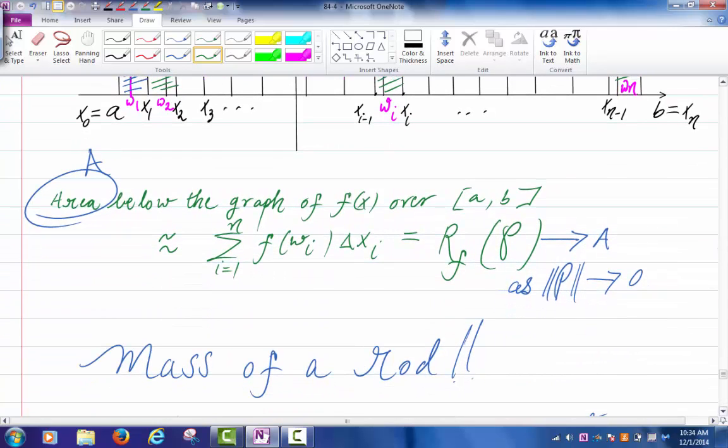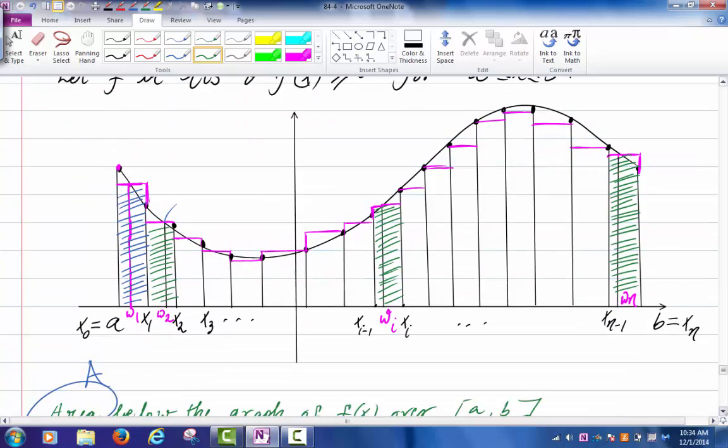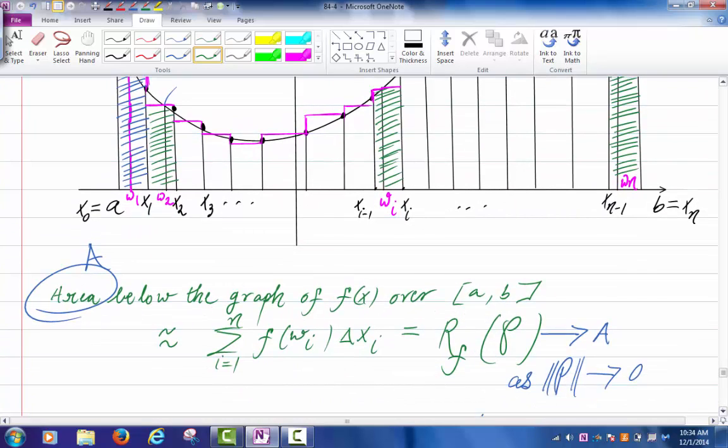One thing I want to say here is that I have the Riemann sum, which I'm denoting by Rf of P. Notice that if I pick more and more partition points, what does it mean in terms of the mesh?